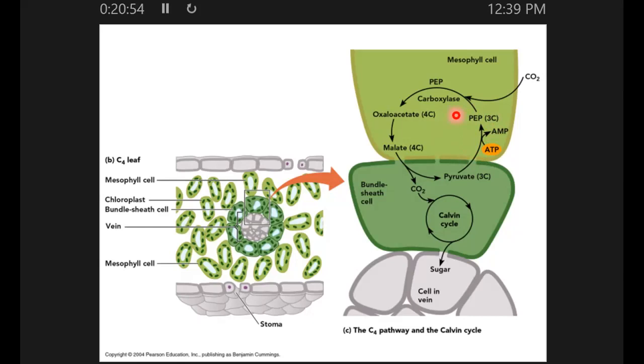So they're physically separating. Rubisco is tucked away and hidden in the bundle sheath cell. CO2, when it first comes in, is getting reacted with in the mesophyll cell with a very picky enzyme. So that PEP carboxylase is only going to take carbon dioxide in, react it with PEP, that gets converted to oxaloacetate, which gets converted to malate, and then malate is the vector.